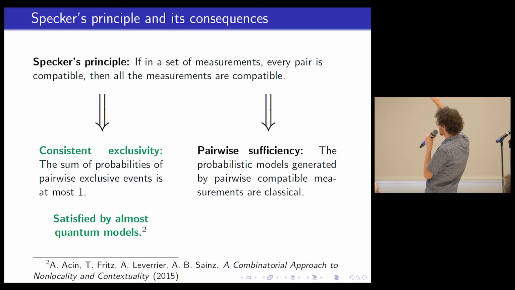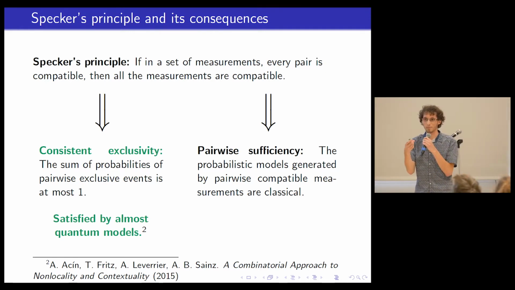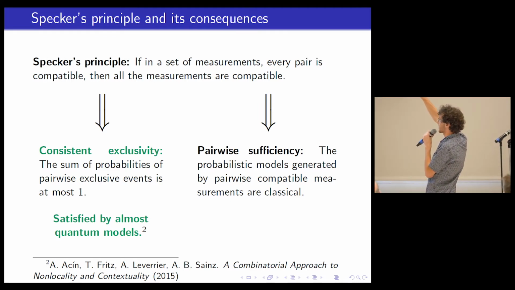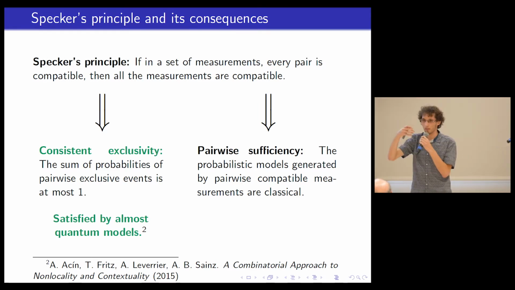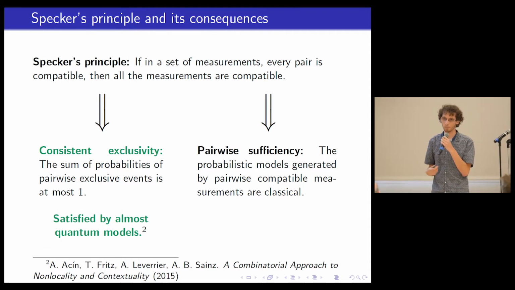It says that whenever we have probabilistic models generated by measurements, which themselves are pairwise compatible, just like in the Specker's principle, then this probabilistic model has to be classical.